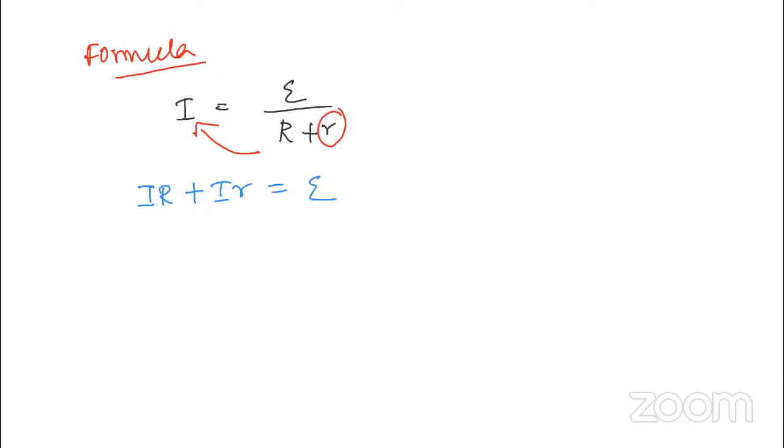So let us now substitute the values. Here it is 0.2 into the value of R, which is 10, plus 0.2 into small r is equal to 2.1. So we just multiply this, and it becomes a whole number, that is 2 plus 0.2 r is equal to 2.1.